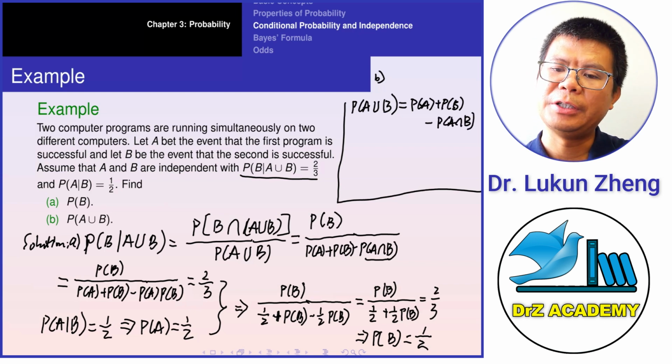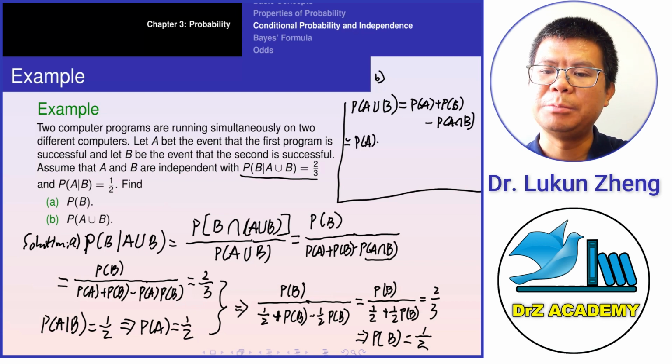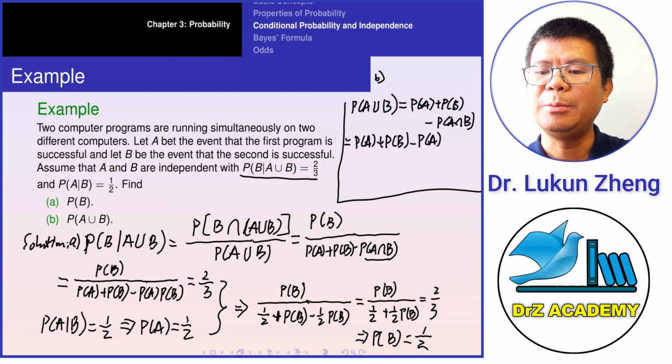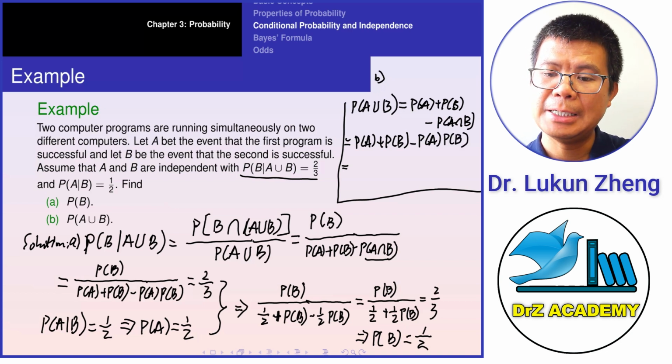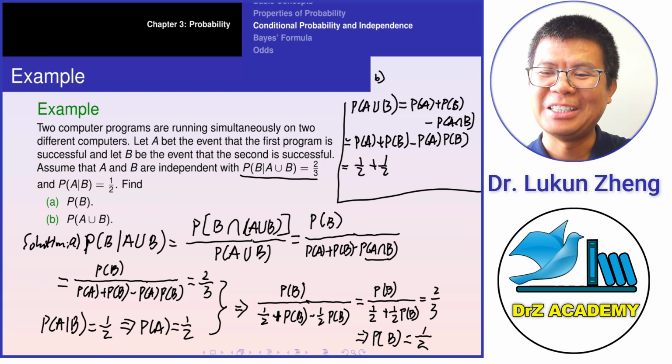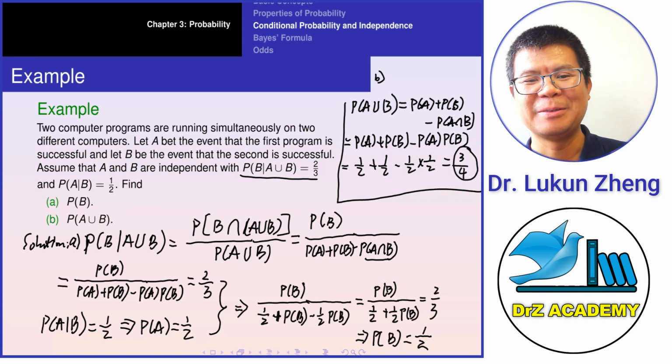Since they're independent, this is P of A plus P of B minus P of A times P of B. So that's 1/2 plus 1/2 minus 1/2 times 1/2, which equals 3/4.